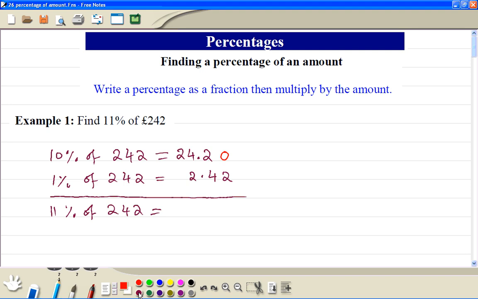Then we just add, so 0 plus 2 is 2, 2 plus 4 is 6, then we have the decimal point, 4 plus 2 is 6, then we have just 2 plus nothing is 2. So therefore 11% of £242 is equal to £26.62.